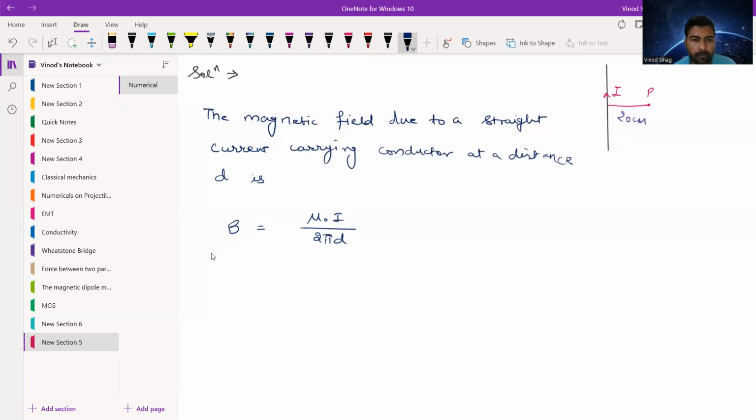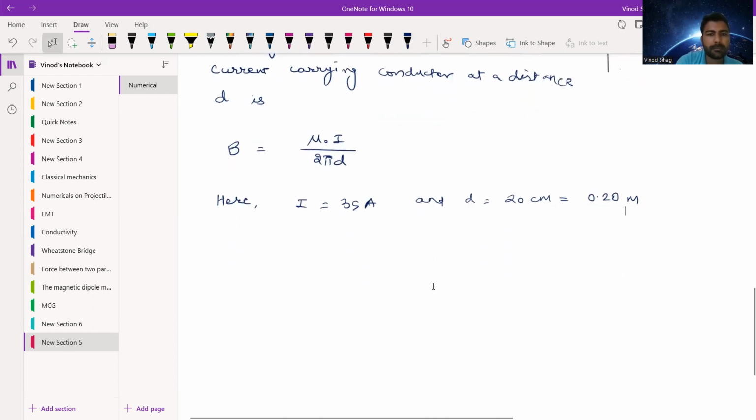Here in this case the values are given as I equals 35 ampere and d is 20 centimeter, or we can say 0.20 meter. Both are same. Now let's put the values in the equation.